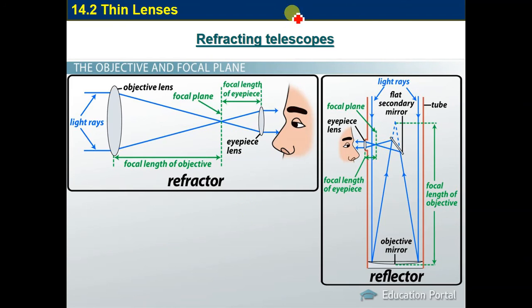So girls, actually we have two types of telescopes. The type that we talked about now is called a refractor telescope or refracting telescope. Why is it called refracting? Because it's based on the use of lenses, and when light passes through a lens, it refracts.